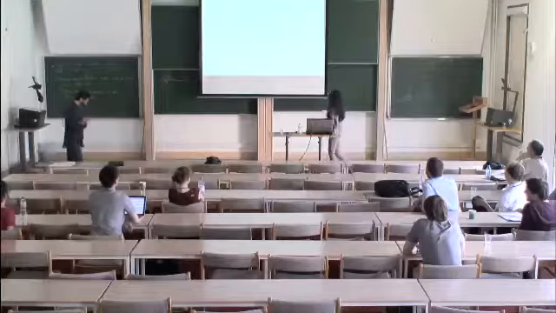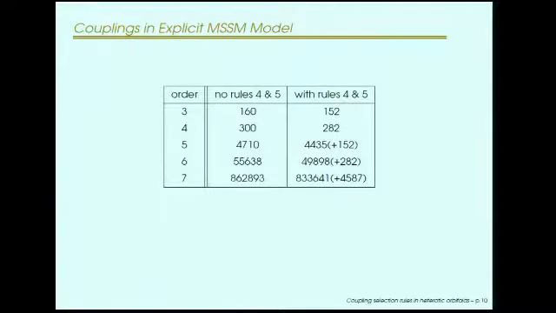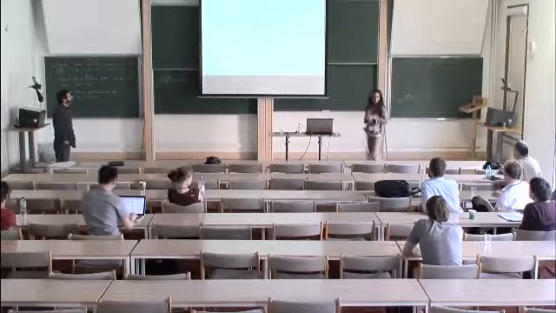Just to show you that the rules are non-trivial, we looked at a couple of explicit models and counted the number of allowed couplings, applying the standard rules of space group selection, R-charge conservation, and gauge invariance, that's the first column, and the second column is with rules 4 and 5, and both of them kill couplings.